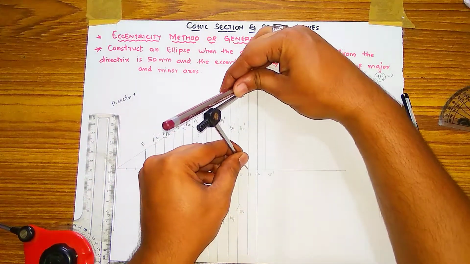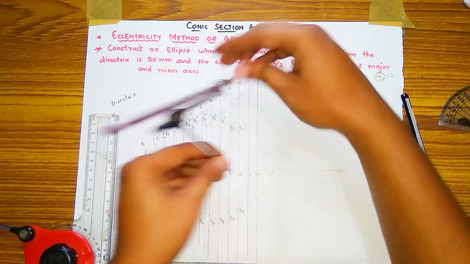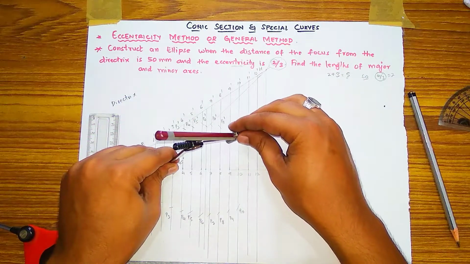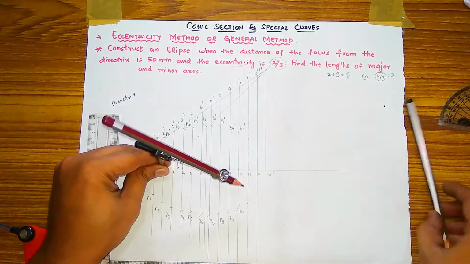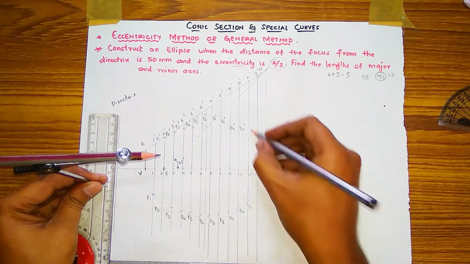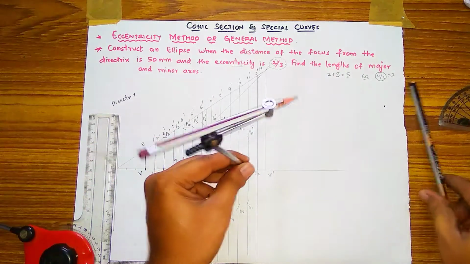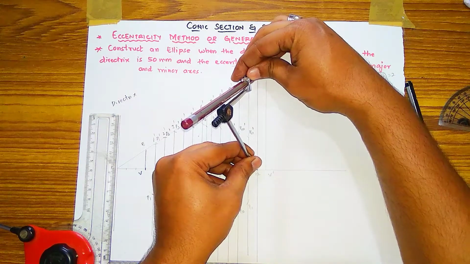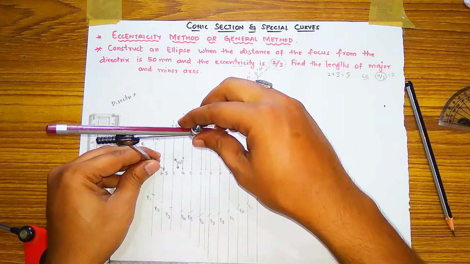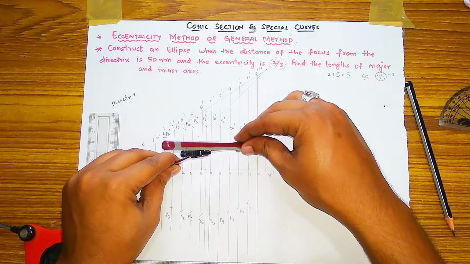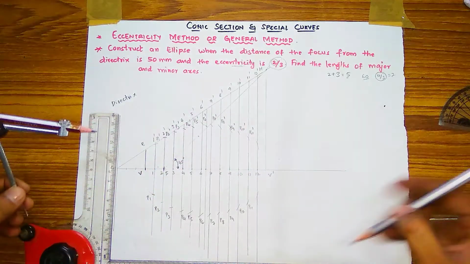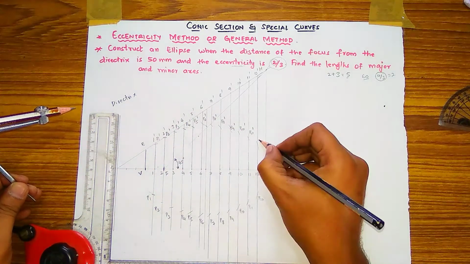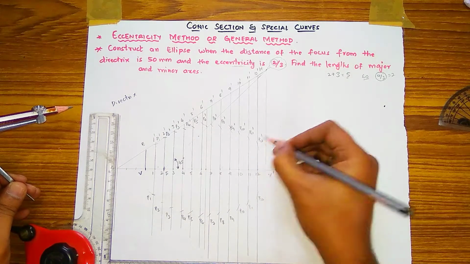The last, 11. This will be P11, P11 dash, the last P12, P12 dash. Measure it carefully and do it. This will be P12 and P12 dash.